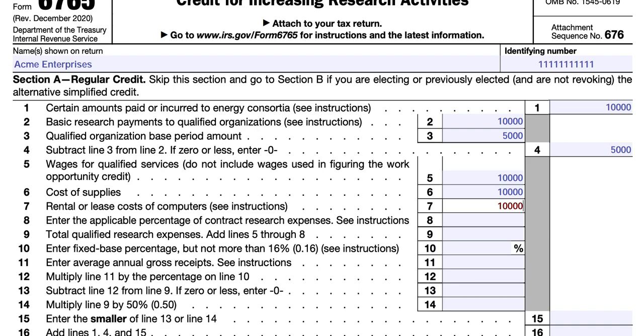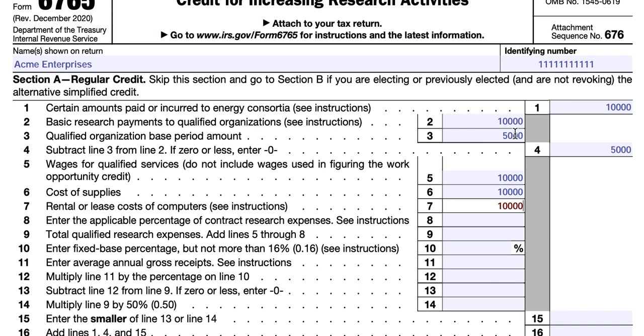So you can include up to 100% of any amounts that you paid for qualified energy research performed by an eligible small business, university, or a federal laboratory. You can also include payments to those entities to the extent that they are included as basic research payments up here on line 2, not to exceed the base period amount in line 3.